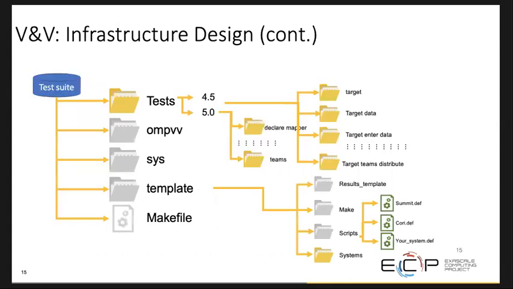Now, this is what the actual folder structure of the VNV looks like. So we have the tests, which are divided by the specification number. The 4.5 corresponds to the OpenMP 4.5 specification and henceforth. And all of them have a separate directory for each of the new directive.